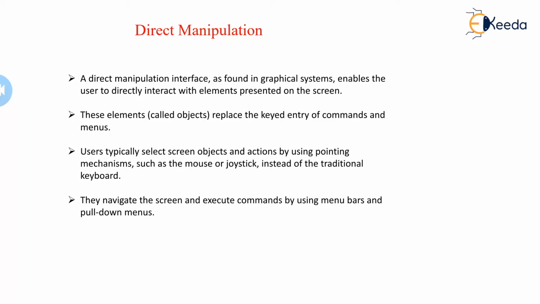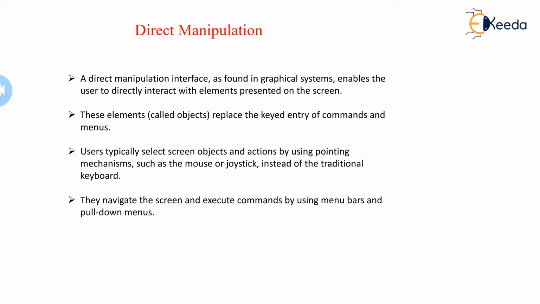So what is direct manipulation? It is an interface found in your graphical systems that enables the user to directly interact with the elements. That means on your screen, on your laptop or on your computer, you have graphical elements which allow the user to interact with them.